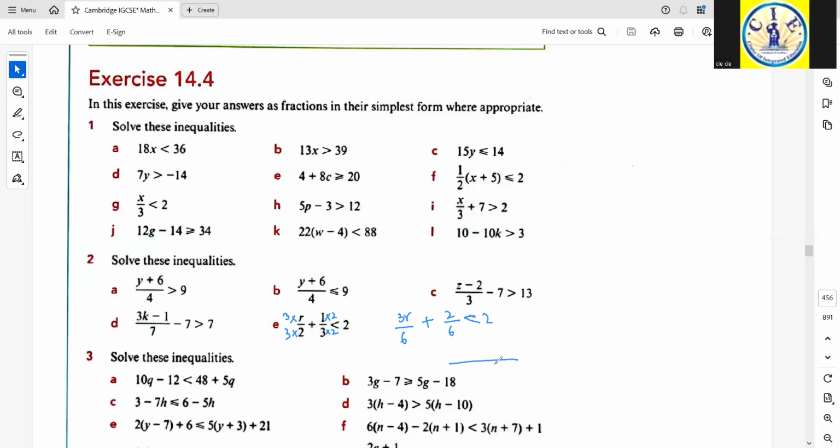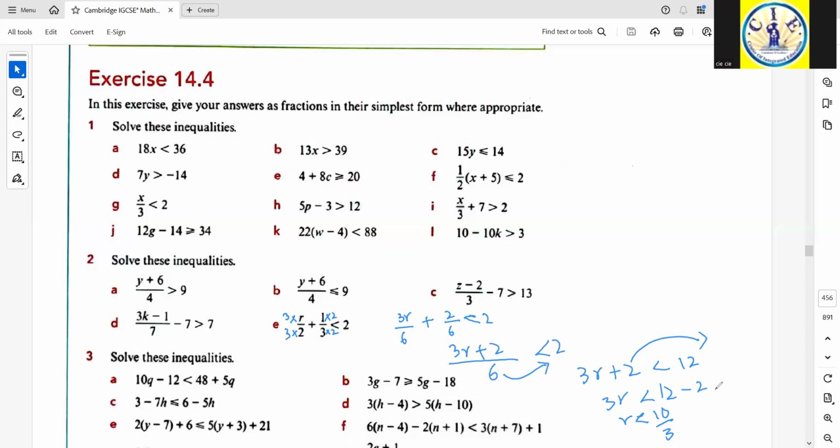Now the denominators are same, and in the numerator we are having like this, and now shifting this 6 to the other side, that will give us 12, and then shifting this 2 to the right side, that is 10, and now divide by 3.